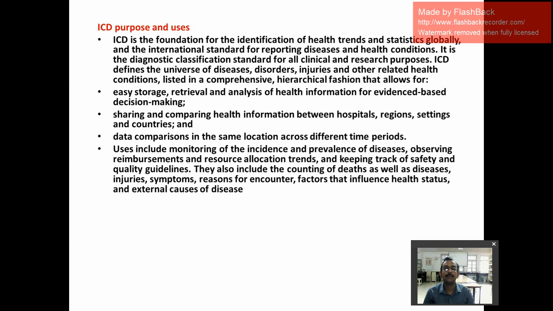Every person will have health insurance and they have to be reimbursed. ICD also helps with reimbursement and health insurance, and with resource allocation trends. For polio, we have to allocate some money, or for COVID-19, we have to allocate some money. According to the trend, how much money has to be allocated can be decided with the help of this ICD classification.